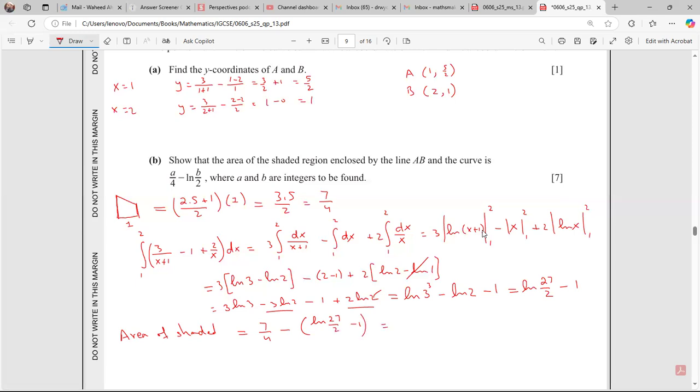So this will become minus 1 plus 1, so 7 by 4 plus 1, and minus log of 27 by 2. So 7 by 4 plus 1 is going to be 11 by 4 minus log of 27 by 2. So you can see that my A is 11 and B is 27.